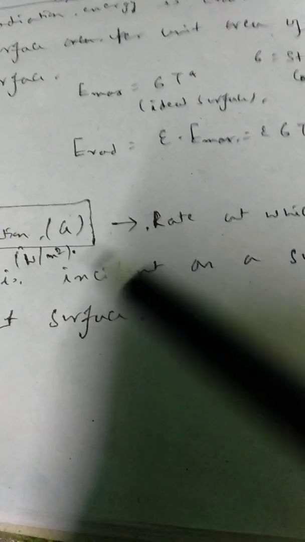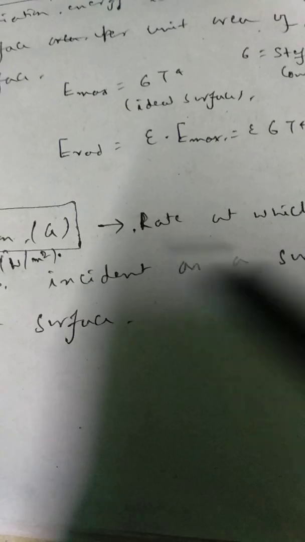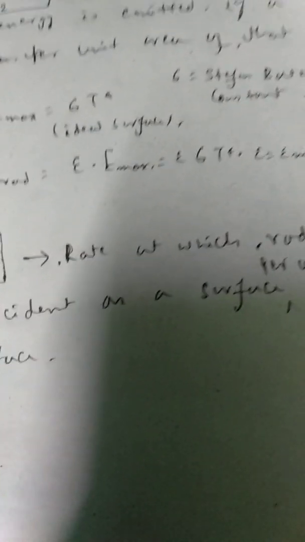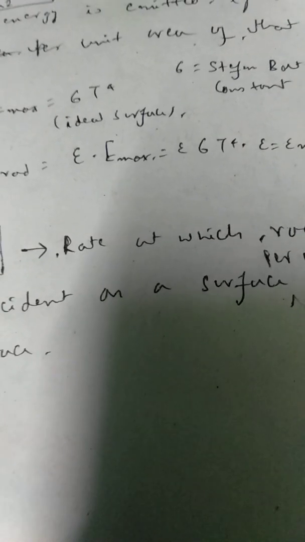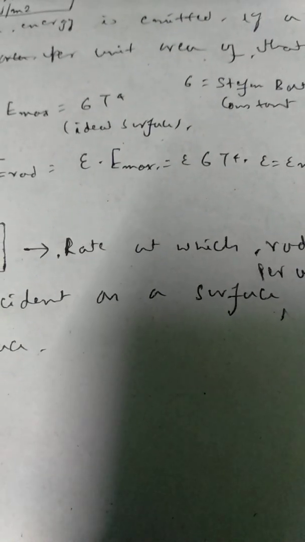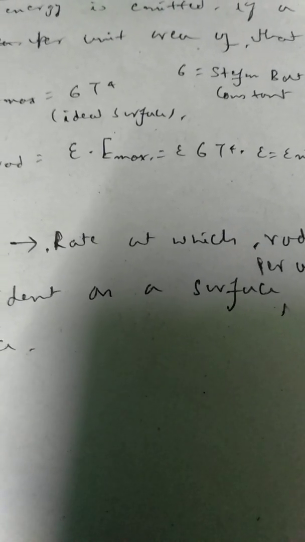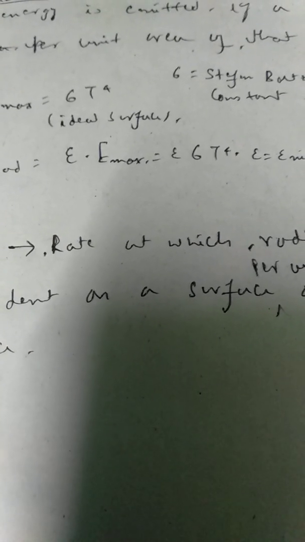Okay, suppose the surface of a table. The radiation from the surrounding objects is going in all possible directions. The surface from which the energy is being emitted can be anything.